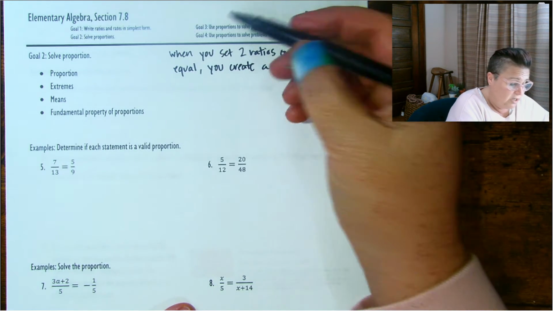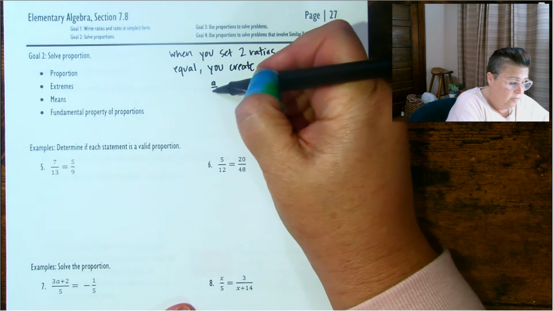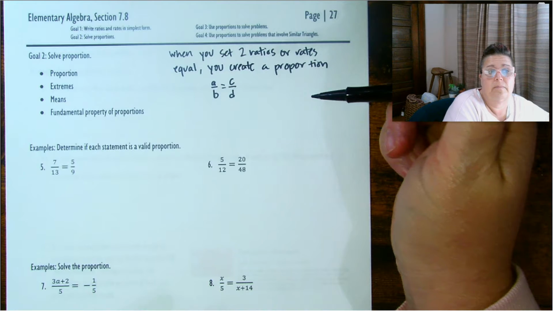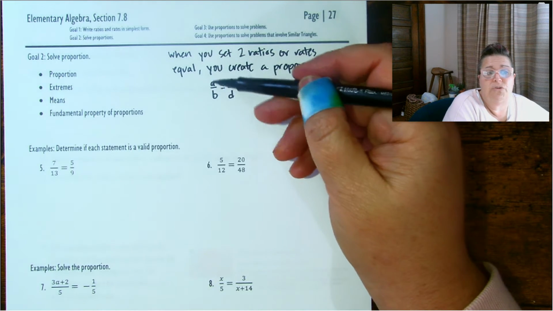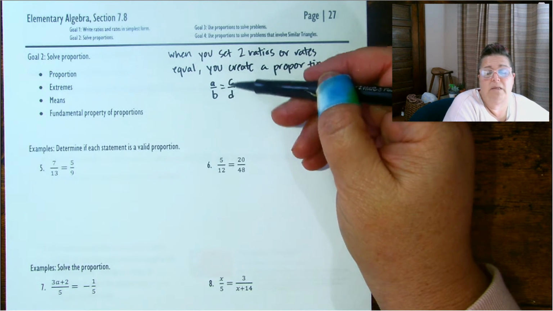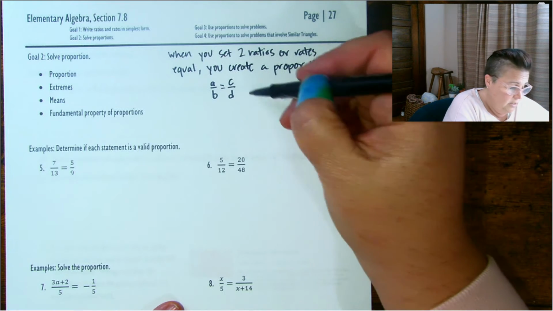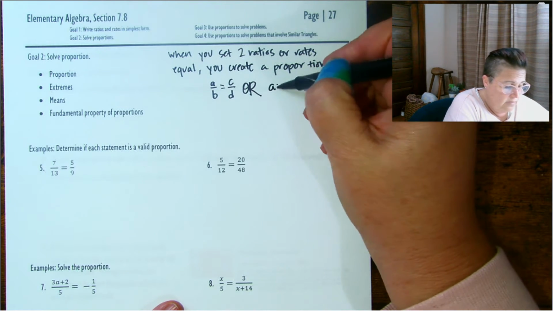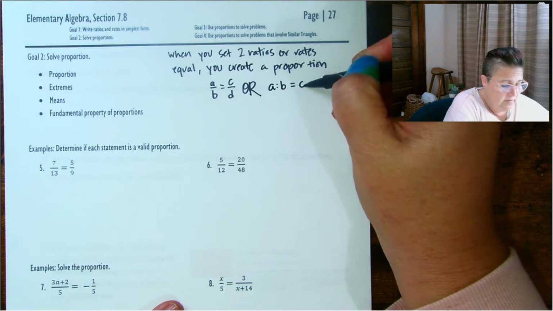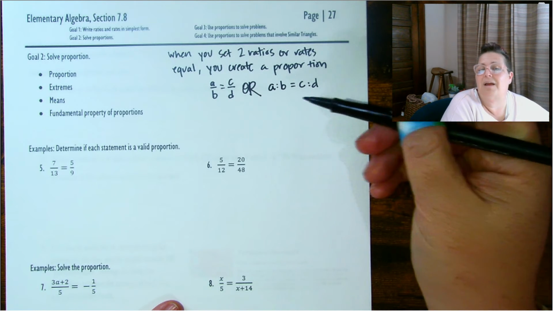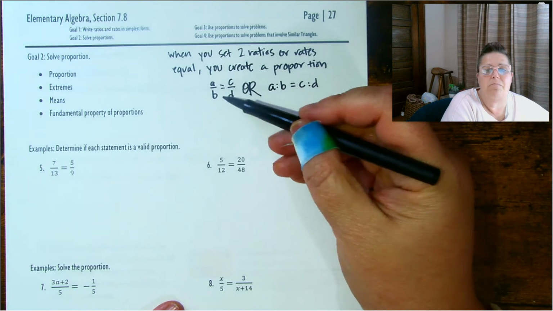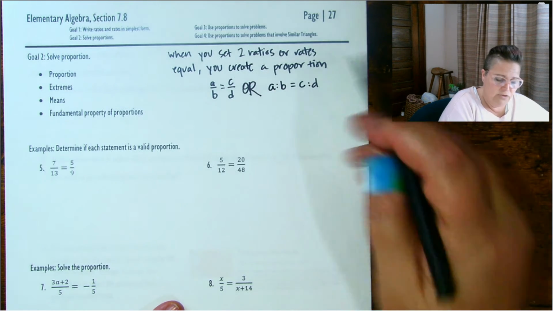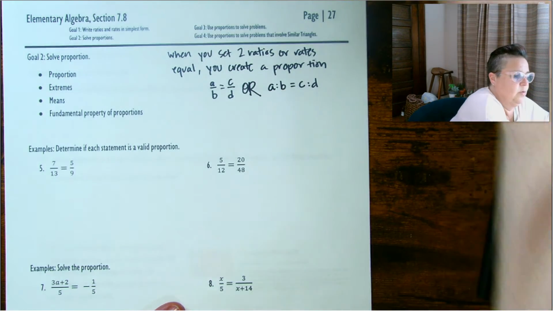A proportion generally looks something like A over B is equal to C over D. I should say some people write it A is to B, just like C is to D. I'm not a huge fan of this writing. I much prefer it in the fraction form, but this allows you to see the two parts of a proportion.